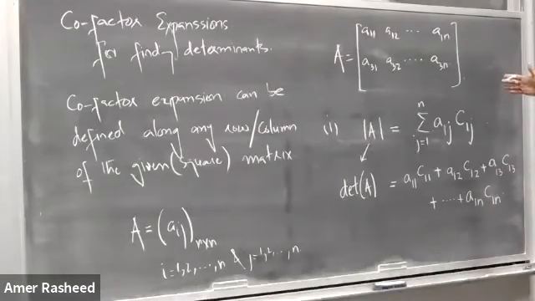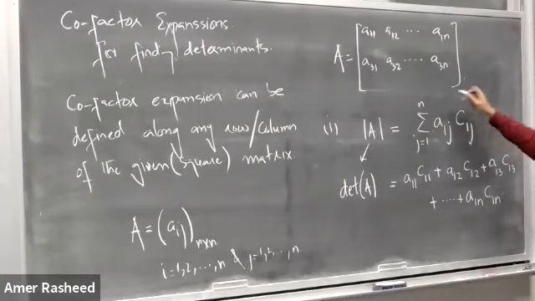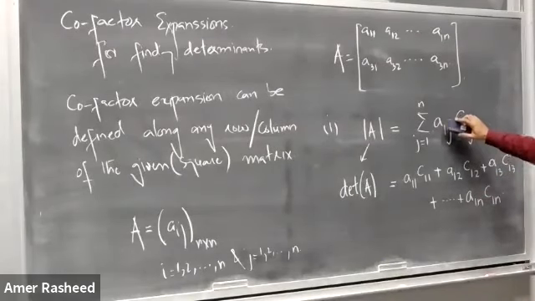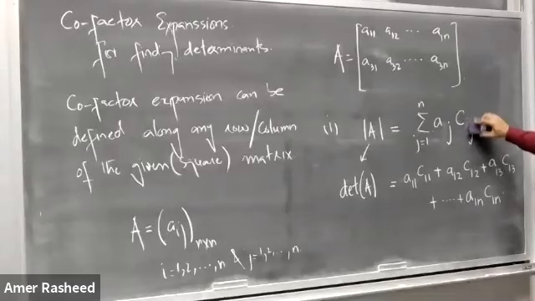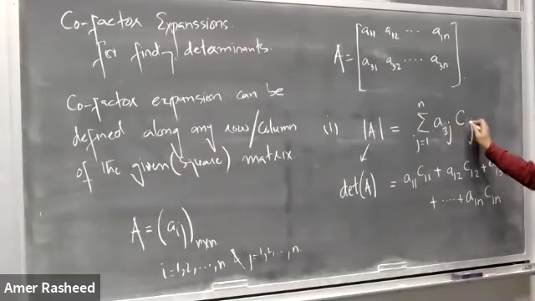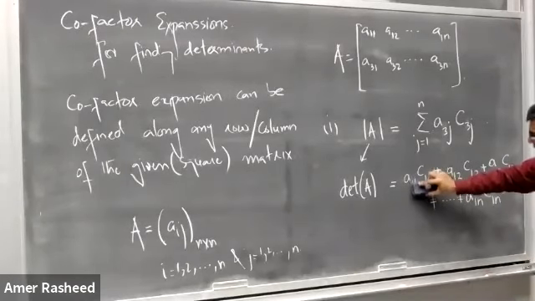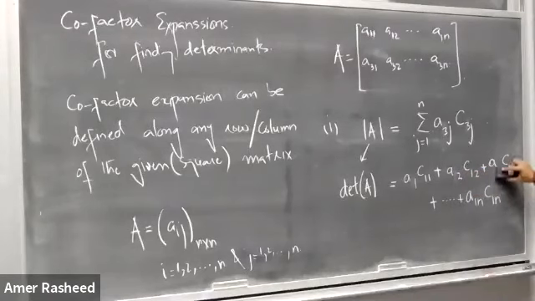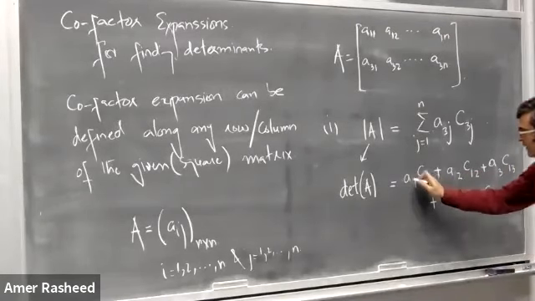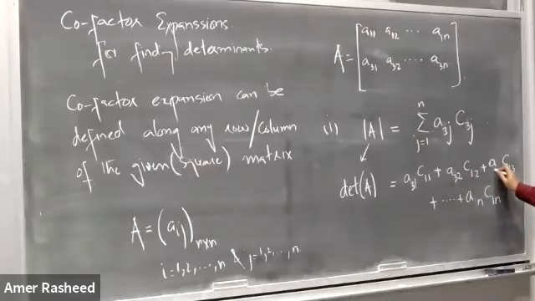We just replace 1 with 3. All other things will remain the same. So we get A31, A32, A33, and so on, the last one is A3n.